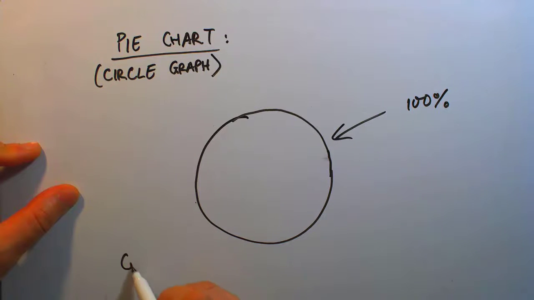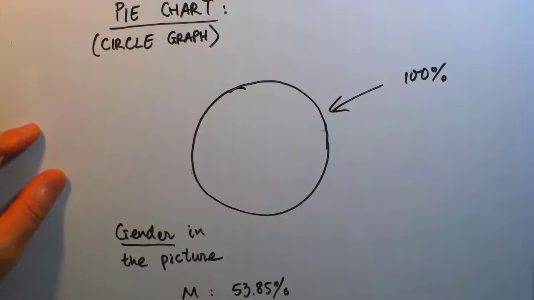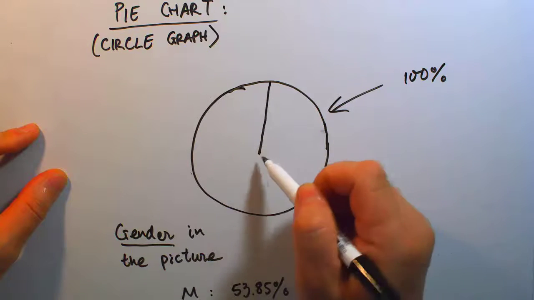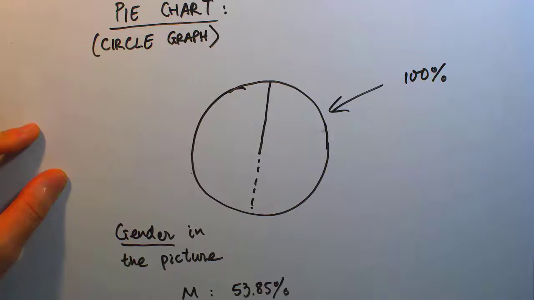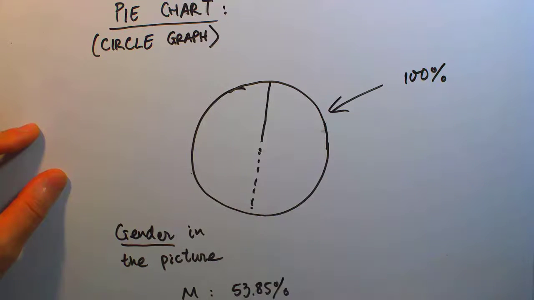And so for your relative frequency, when we are representing this gender in a picture, remind yourself that we had the male count as 53.85%. So slightly more than halfway. And so in that way, here's my pie. Halfway is about here. Slice through that pizza, that nice circle. It's halfway.